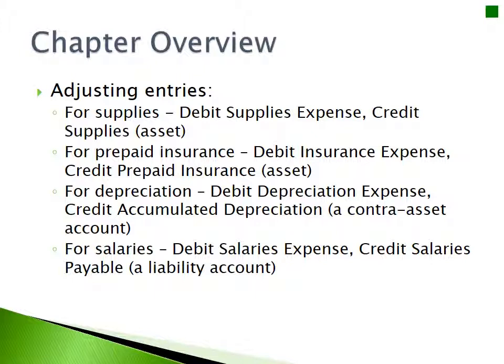The adjusting entry for depreciation results in a debit to the depreciation expense account and a credit to the accumulated depreciation account. We also made adjusting entries to the unpaid salaries accounts, which results in a debit to salaries expense and a credit to salaries payable, which is a liability account.